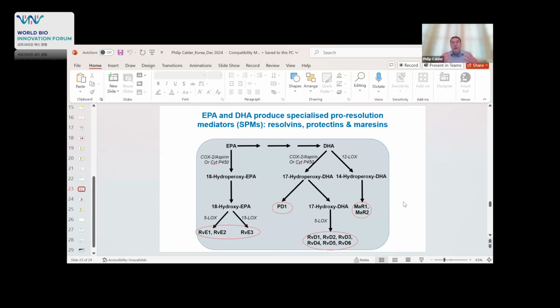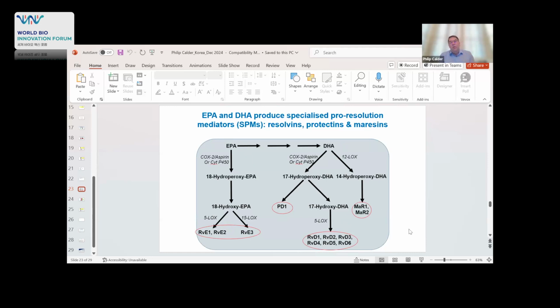Now, the really exciting aspect of this new biology of resolution of inflammation is that these specialized pro-resolving mediators, the SPMs, are produced from EPA and DHA. So those pathways are outlined here. EPA gives rise to E-series resolvins, DHA gives rise to D-series resolvins, protectins, and maresins.